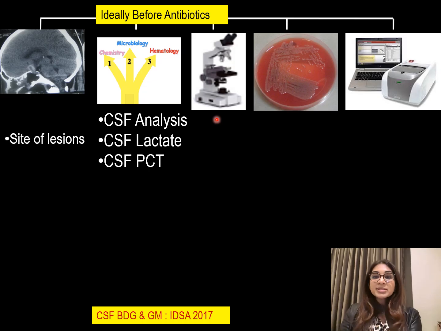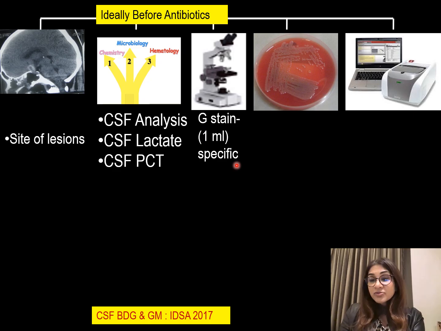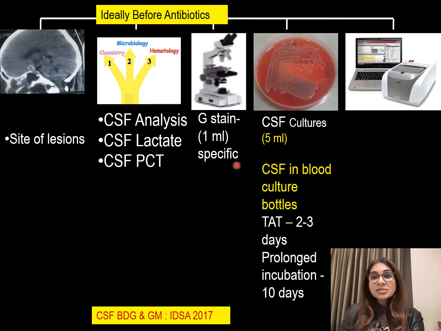Microscopy is also essential, at least 1 ml should be sent for the gram stain, and even gram stain positivity can give us a clue towards the likely bacteria, but this has limited sensitivity because many times the patient is already receiving the antibiotics. Similarly, CSF should be sent for the cultures, and the cultures should be at least 5 ml in the blood culture bottles.